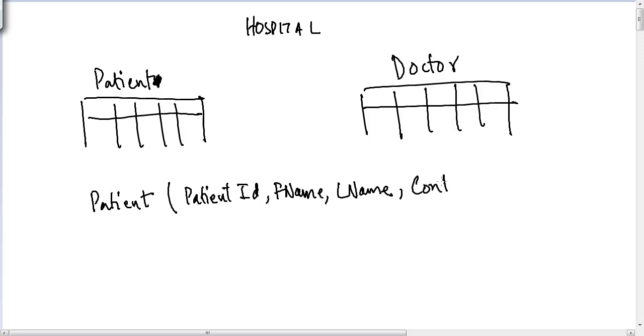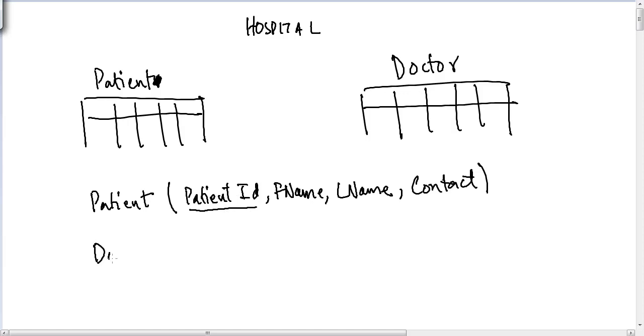So these are the different fields that can be found in the patient table, and we're just trying to keep it simple here. So we've just included a few fields here, and we know that the patient ID is the primary key. We've shown it as the primary key by underlining the patient ID.